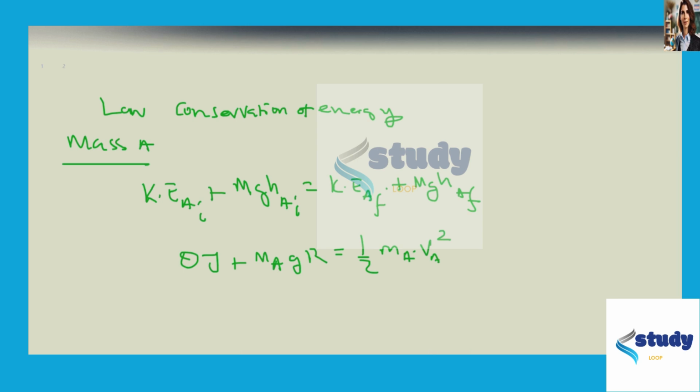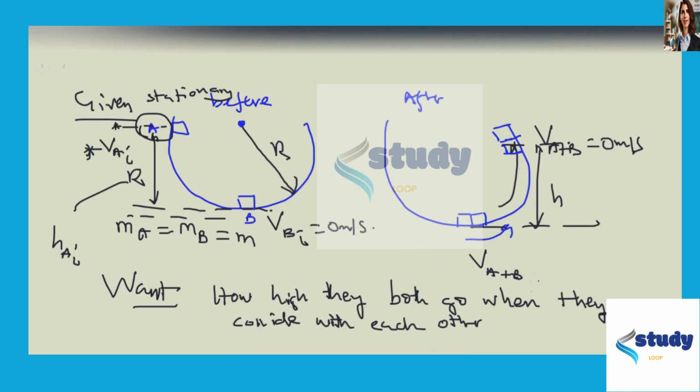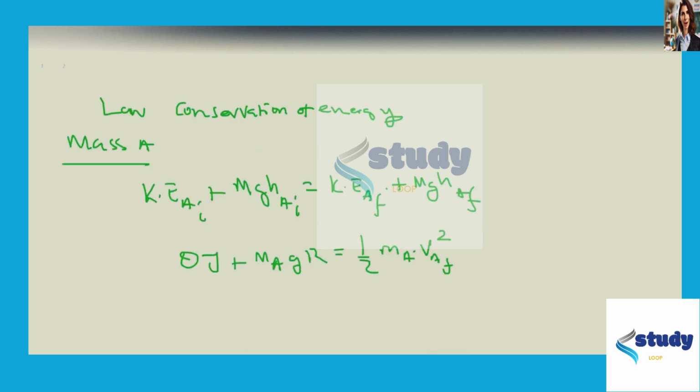That's the final velocity of A at the bottom, right here. So just before it collides, A has a final velocity. And then A and B will have an initial velocity, and A and B will also have a final velocity. So that's kind of what's happening in this problem.